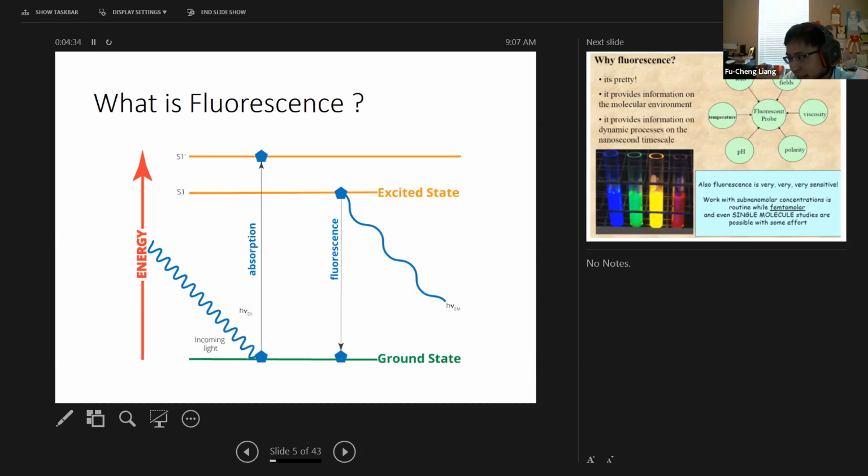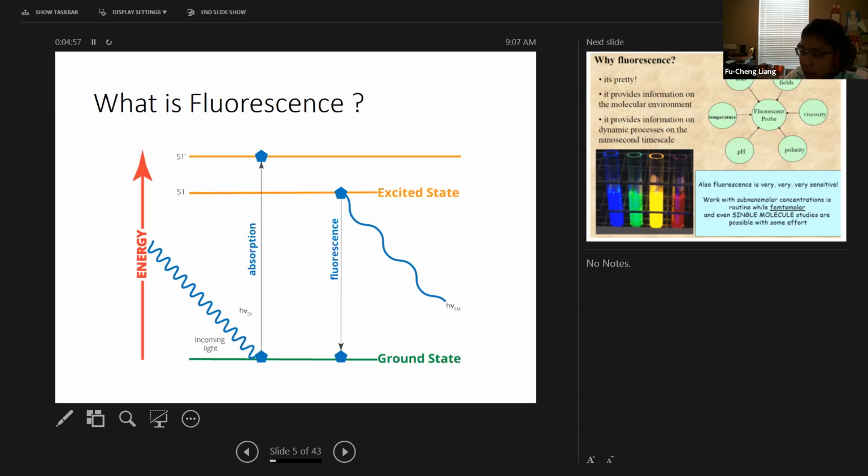But interestingly, this molecule is not going to stay in the excited state for a long period of time. Over time, the molecule will go to the first vibrational level of the excited state. We call this the S1 state. And this S1 state is not just going to disappear. The excited state is going to release energy, because they absorbed energy from the light.